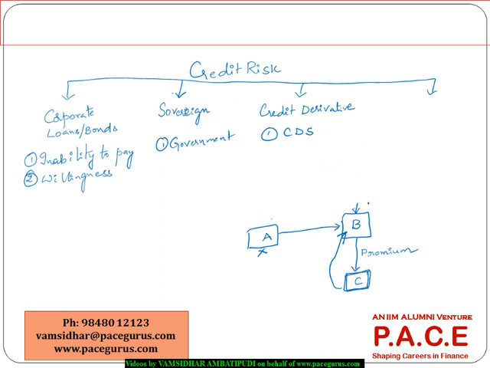We have many other forms of credit derivatives also, but here B will keep paying a premium, let's say every year on an annual or semi-annual basis, to C, and C's job comes only when A has defaulted either on the interest or on the principal portion, or depending on the agreement, the entire amount, and that would be compensated by C to B, which means B is protected from A defaulting, but B is incurring a slightly extra cost in the form of a premium.